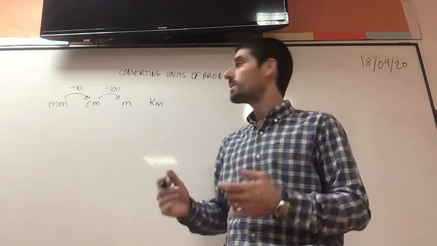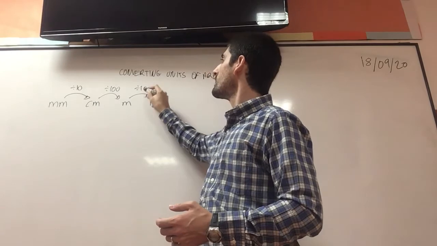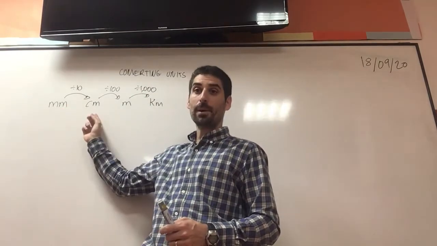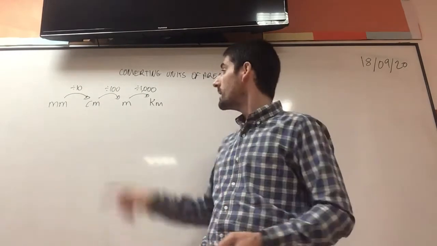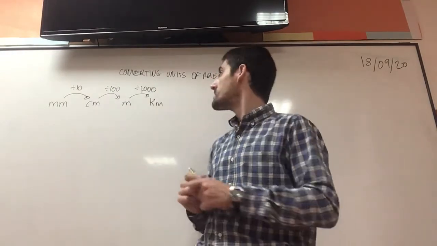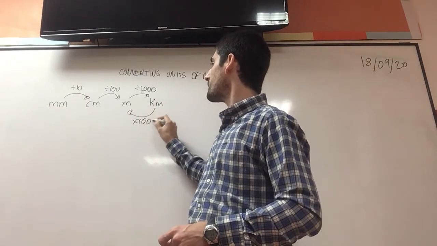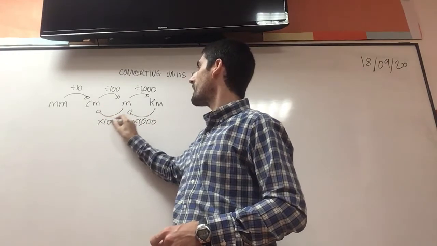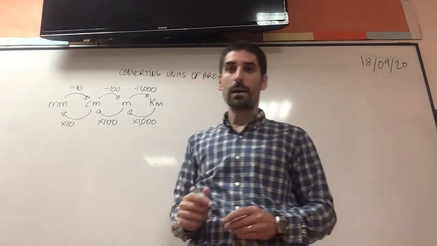So to go from meters to kilometers, we divide by 1,000. Millimeters to centimeters divide by 10, centimeters to meters divide by 100, meters to kilometers divide by 1,000. And going the other way around, we do the opposite operation: kilometers into meters multiply by 1,000, meters into centimeters multiply by 100, centimeters into millimeters multiply by 10.